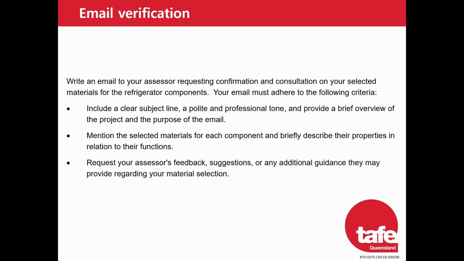Include a clear subject line, a polite and professional tone, and provide a brief overview of the project and the purpose of the email. Mention the selected materials for each component and briefly describe their properties in relation to their functions. Request your assessor's feedback, suggestions, or any additional guidance they may provide regarding your material selection. It's important that you address all 3 of these dot points.